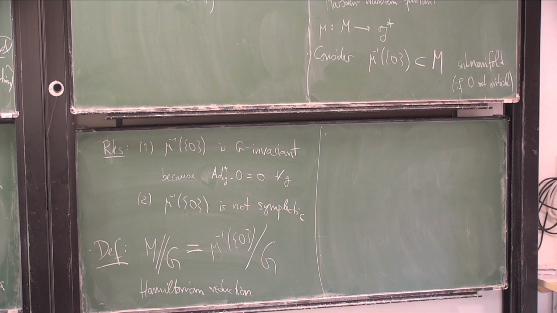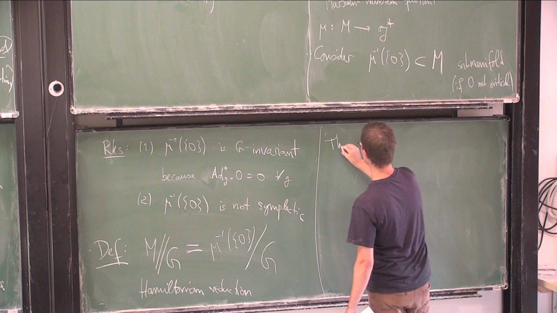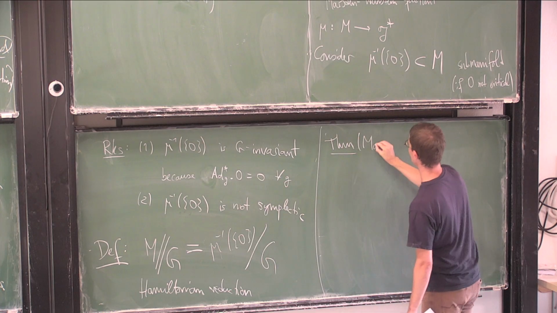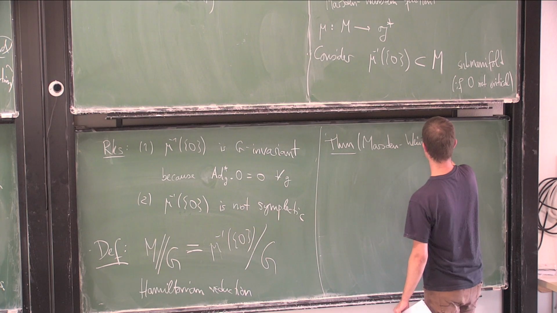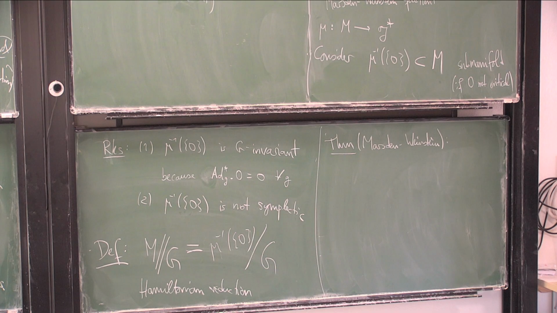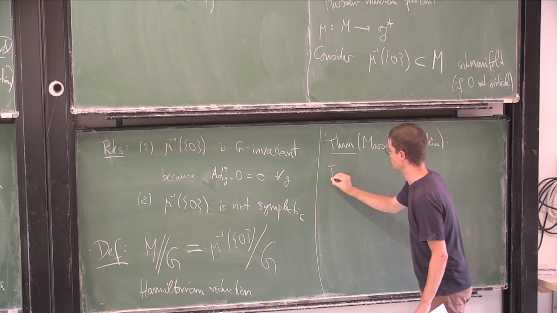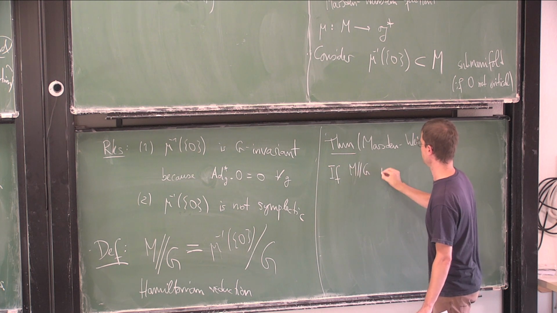And the theorem which comes with the definition, which is due to Marsden-Weinstein, tells you that this object is a symplectic manifold. Well, with one condition: if M_g is a manifold.